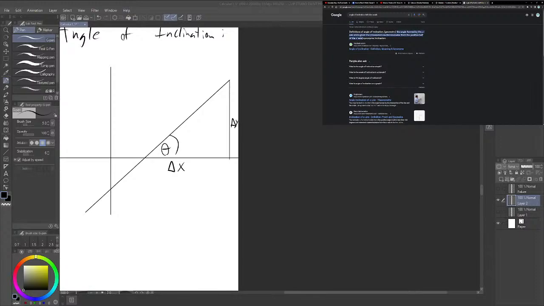The angle formed by the x-axis and a given line, measured counterclockwise from the positive half.